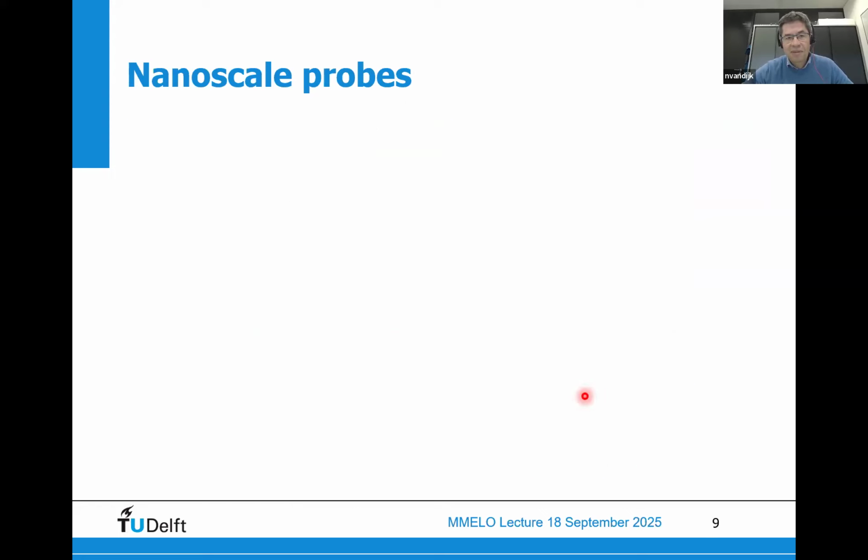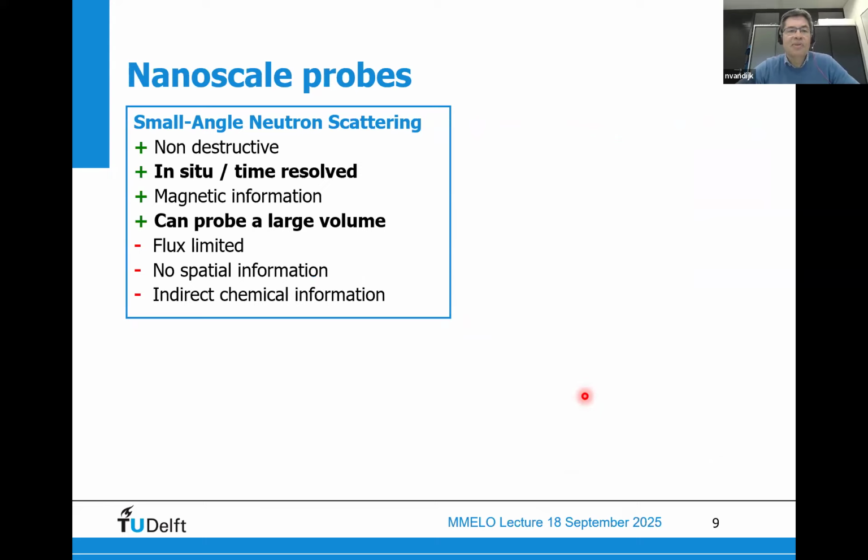So some properties of these nanoscale probes. If we look at small angle neutron scattering, I will later on explain how it works. The basic advantages are that you have a non-destructive technique, which is in situ, and you can then do time-resolved measurements. And the other thing is that you probe a relatively big sample volume, which is typically 5 millimeters times 5 millimeters, and a sample thickness of about 1 millimeter.